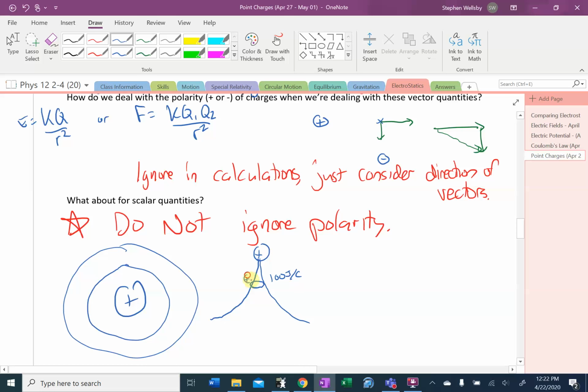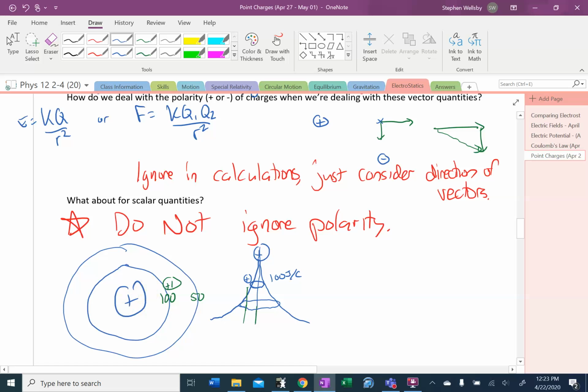So if I put a +1 coulomb charge here, it would have 100 joules of potential energy being this far away. From the top view, this would be 100, and this might be 50. If we go a bit further out, we're going to have 50 joules of energy.